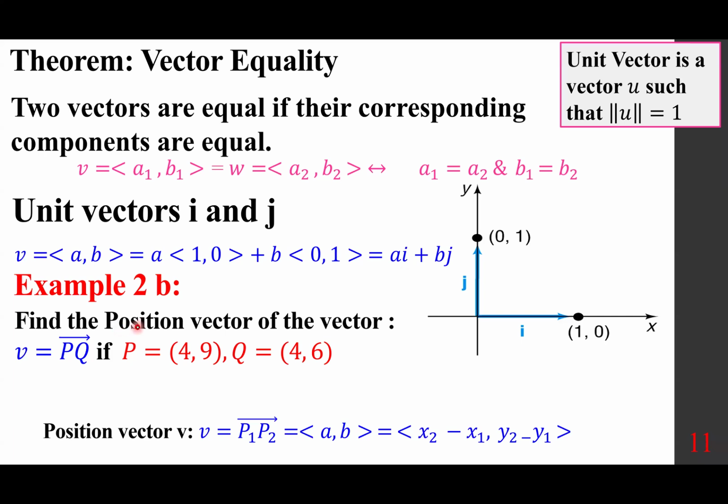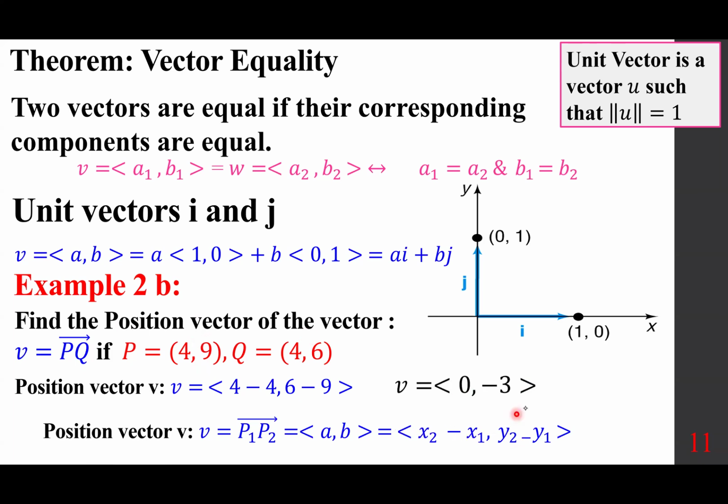Find the position vector of the vector v equals PQ, such that P is 4, 9 and Q is 4, 6. So simply put, x sub 2 minus x sub 1, y sub 2 minus y sub 1. So we are saying 4 minus 4, 6 minus 9.